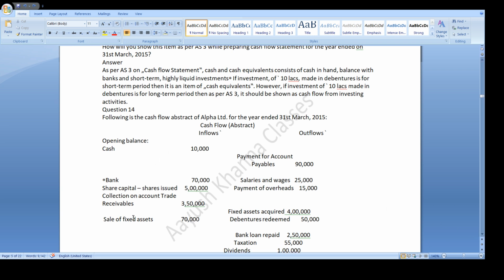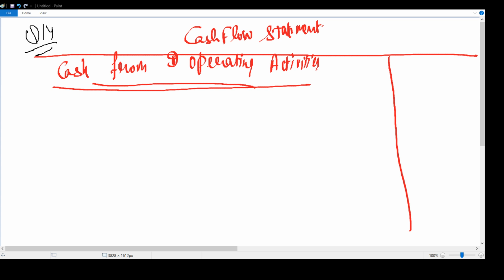Now, what will come under operating activities? Firstly, collection from trade receivables, collections from debtors, 3,50,000.